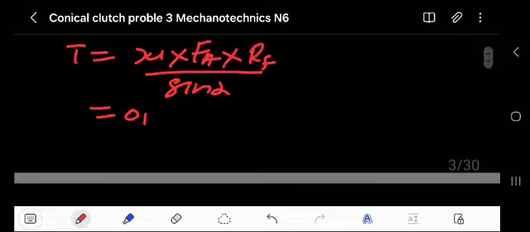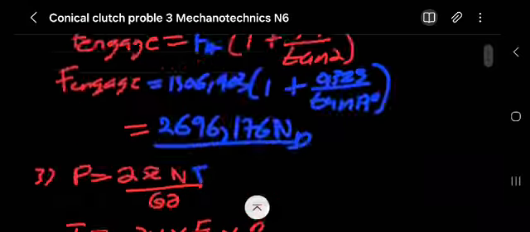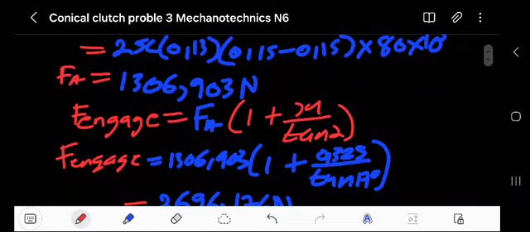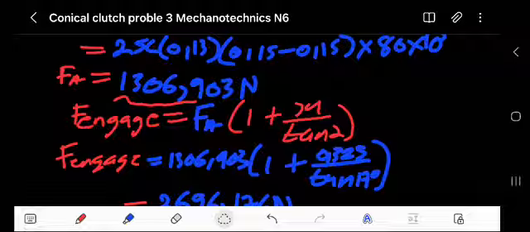But the torque, we know that the torque is coefficient of friction multiplied by axial force multiplied by Rf, divided by sine of that angle. The coefficient of friction was 0.325 multiplied by axial. What was the axial? Not the engage force, the axial. Here is the axial, 1306.903.